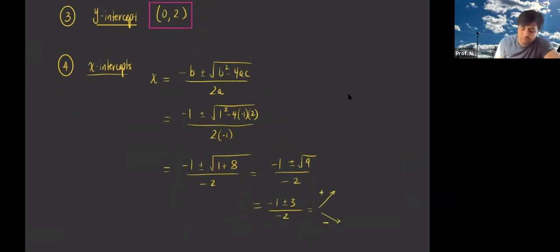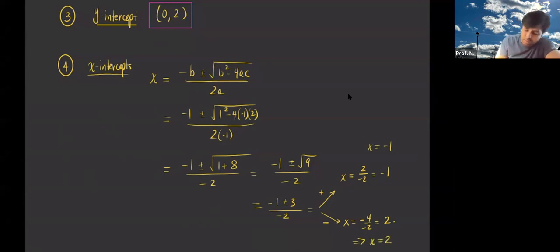If I add -1 and 3, what do I get? I get 2, so x equals 2 over -2, which equals -1. And if I subtract, I get x equals -4 over -2, which equals 2. So then what are my x-intercepts? x is equal to -1 and x is equal to 2.